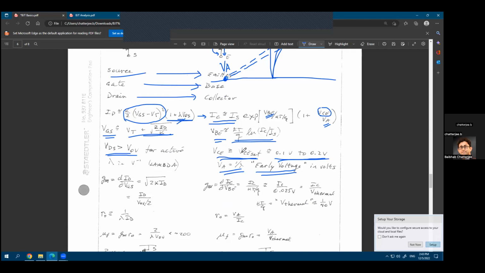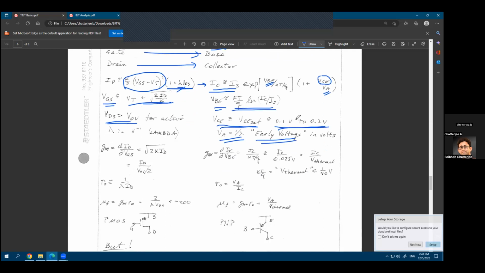It's a fixed quantity that we approximate for BJTs, whereas for MOSFETs, we did not take it into consideration as a constant quantity. Rather, we just found out what my VDS is for each scenario. You can do the same thing for BJTs, but that just makes the equations more complex, so usually it's assumed to be more simplistic. So you assume VCE sat to be about 0.2 volts.